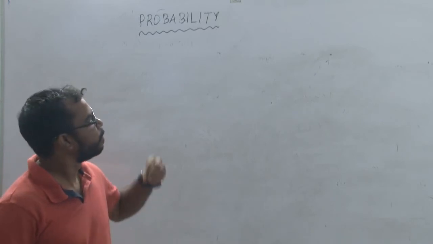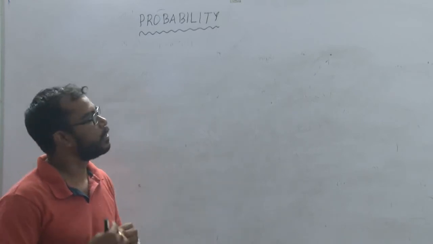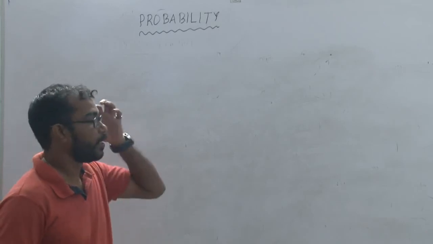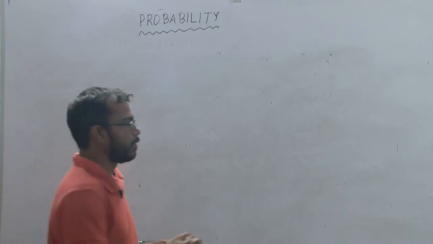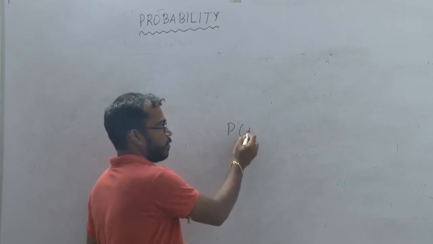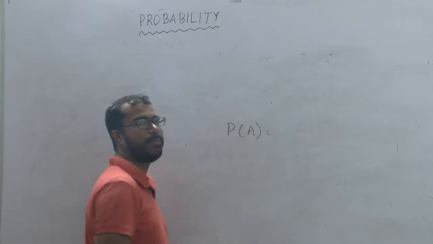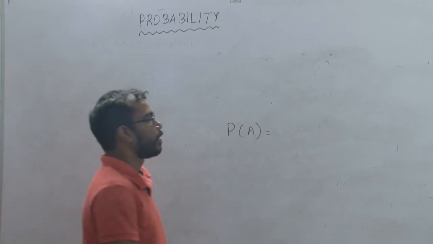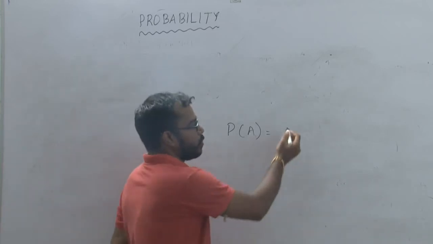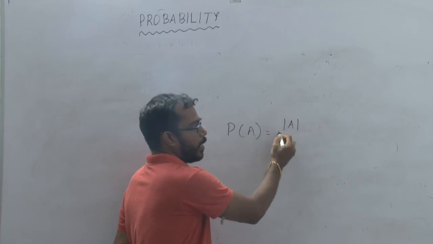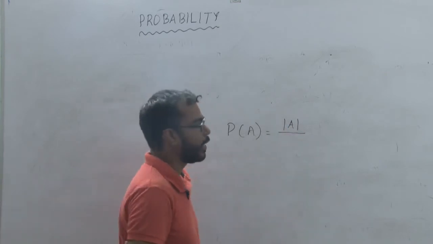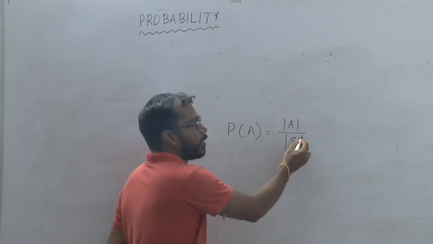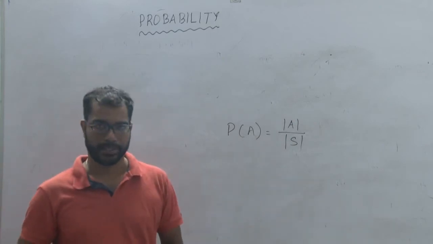As you know, you learned probability in first year. The probability of A is denoted by P of A. The formula of P of A is the number of events, that is the number of A, divided by the number of the sample space.